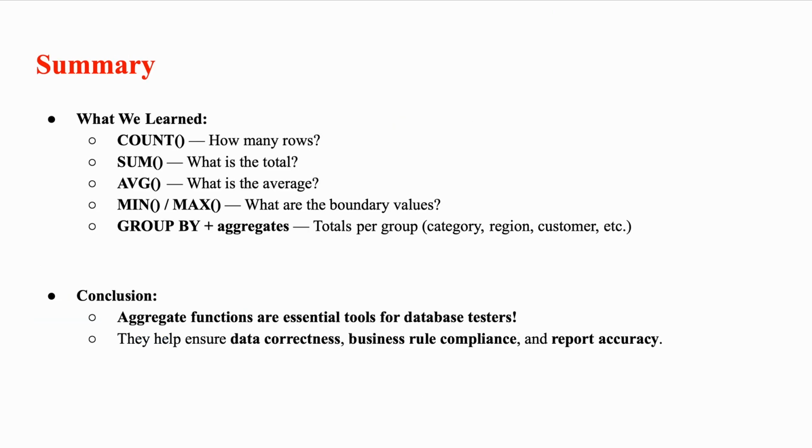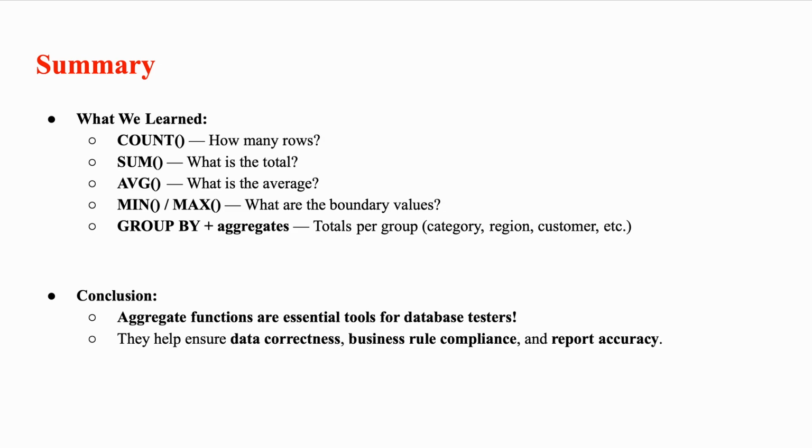Alright, let's do a quick recap of what we have covered. We saw how count helps us figure out how many rows are in a table. Sum is great for calculating totals. Average gives us averages. Min and max show us the lowest and highest values.